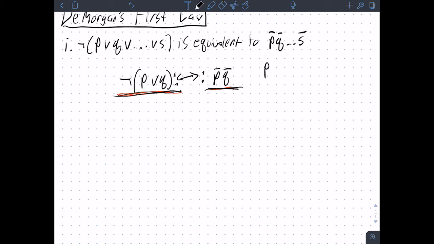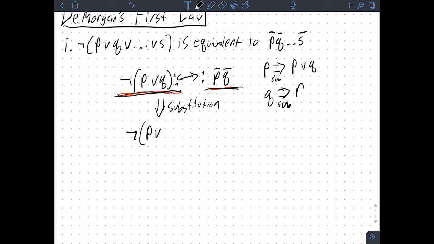So let's replace P here, through substitution, with P or Q, and let's replace Q here through substitution with R. Right, so if we do this substitution, we get not (P or Q or R) on one side, and on the right side we get not (P or Q) and not R. Did I do that right? Oh, wait, actually, this needs to be a not R because the Q is negated here.